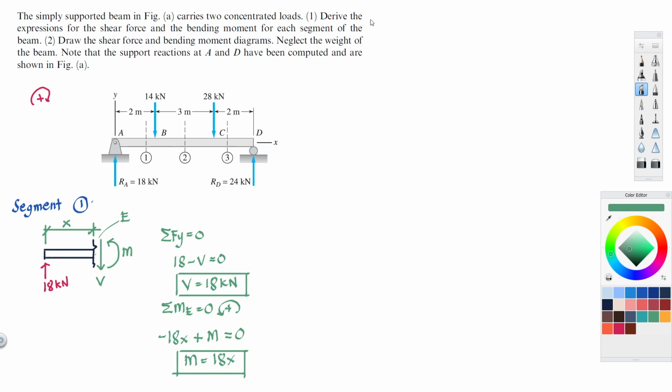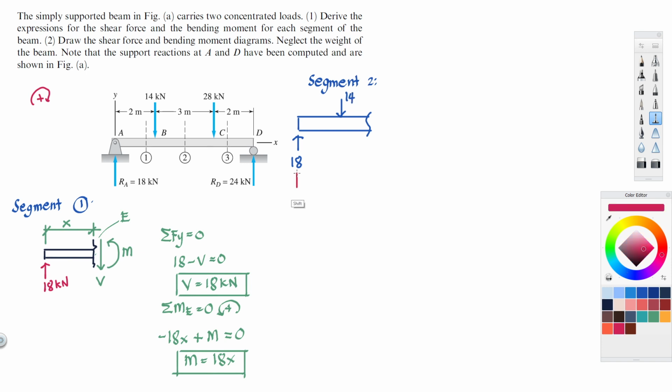Okay? I will have it segment 2. So, for the segment 2, again, pipiliin ko yung left side. Alright? And then, dito, meron akong load, again, 18 kilonewton. And somewhere here, meron ako ditong load na 14 kilonewton.